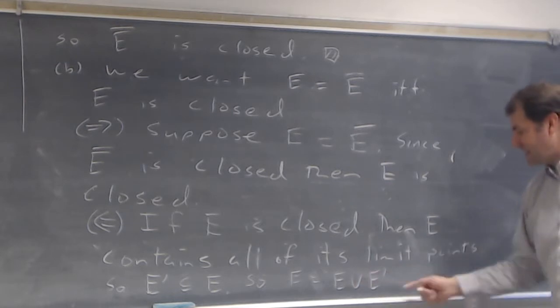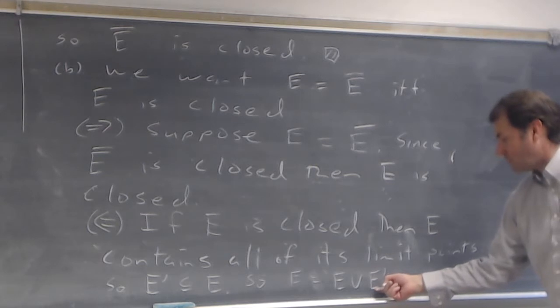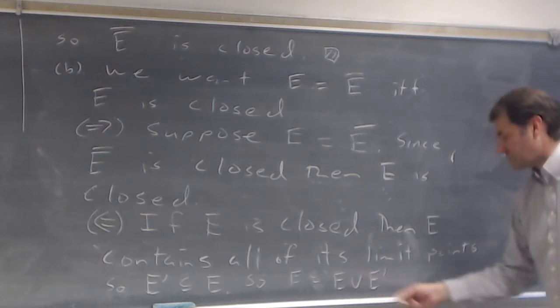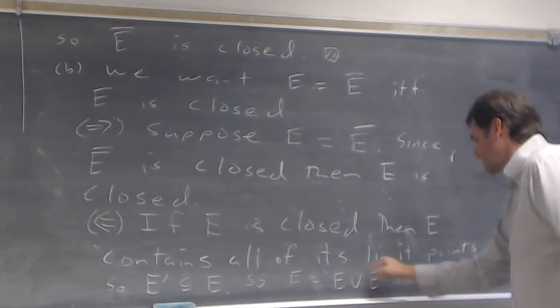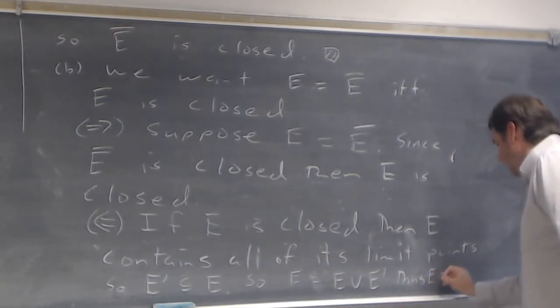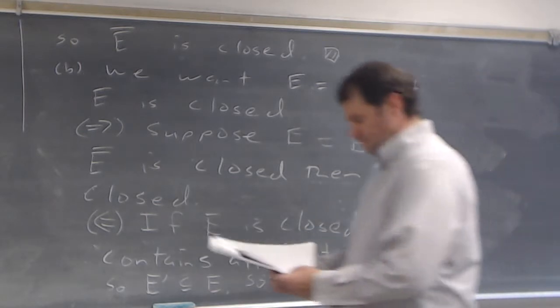Its limit points are contained in E, so when you take E and combine it with its limit points, you're not adding anything new, it's just E. Thus, that's E closure, so E equals E closure. So that's that proof. That's pretty quick.